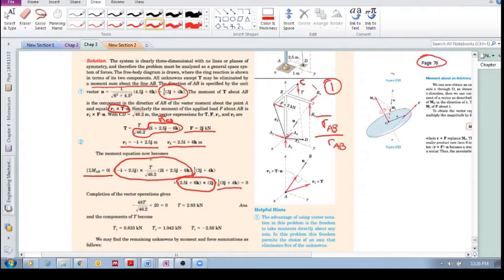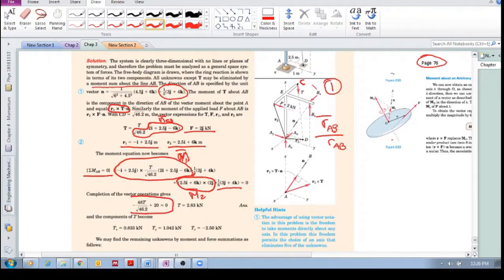There's a cross and a cross, so you get the moment of T about A, and this is the moment of F about A. Let's call it M1 and M2, and they're both vectors. Then you're dotting two vectors to get a scalar. So you end up with a scalar.